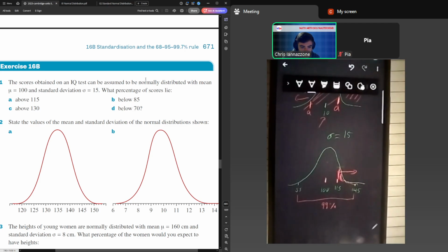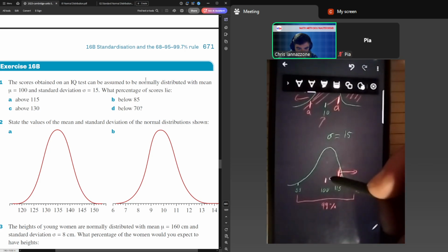What can we do with that? I'm not sure. That's fine. So one of the first things that's usually a bit of a gimme is any distribution, no matter what it is, is going to be 50-50 around the mean.